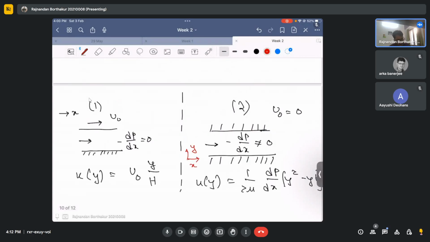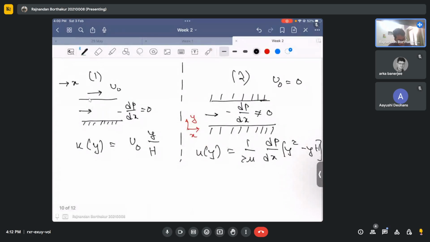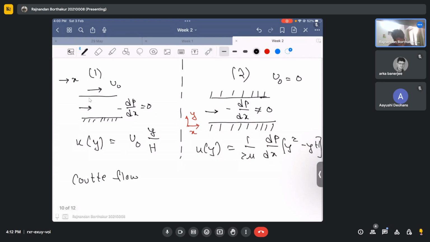All right, before I go on, I would like to put something that I was trying to say. The first problem is known as the Couette flow, and this problem is known as the plane Poiseuille flow.